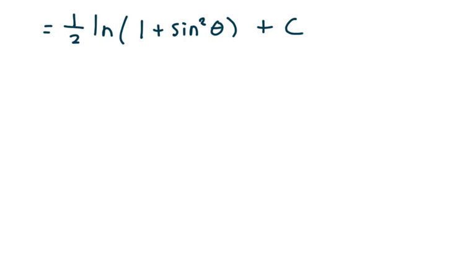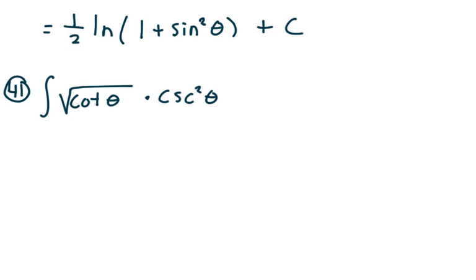If we take a look at 41, and we'll make this the last problem for the video. Suppose I had the square root of cotangent theta times cosecant squared theta d theta. And so I'm going to let u be cotangent theta.